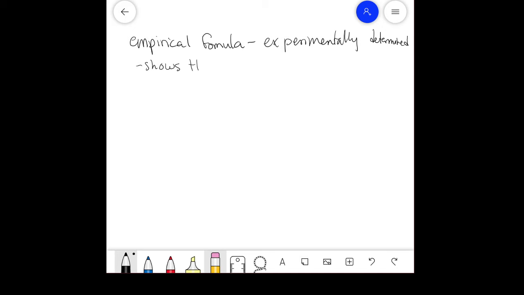Hello everyone, this video is on the empirical formula. What the empirical formula is, it's experimentally determined, and it shows the lowest ratio of elements in this compound.